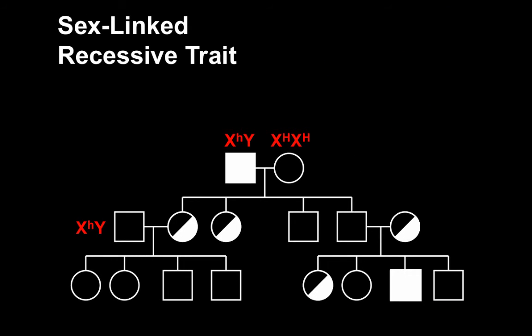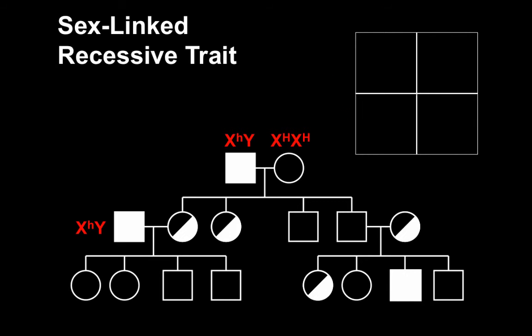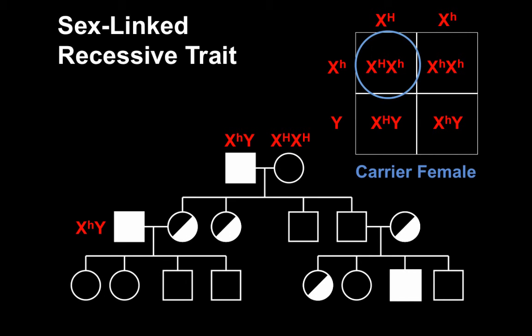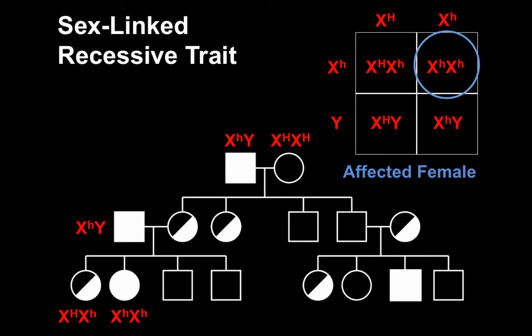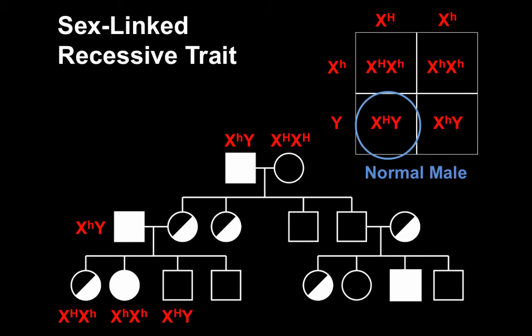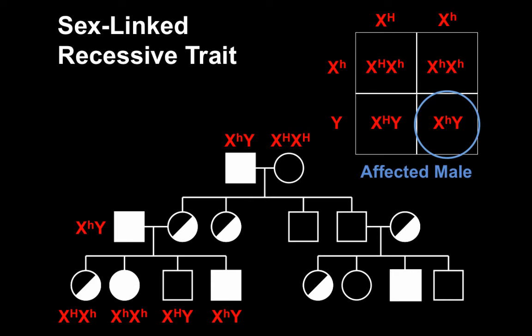All right, now let's say that this carrier female has kids with an affected male. Now remember, we have recessives on both sides. So this is how we can end up with carrier female and an affected female. Normal male, affected male.